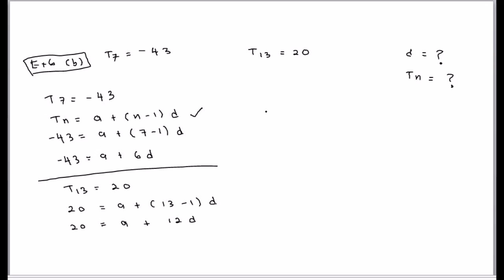Here we can use simultaneous equations. Either we use substitution or elimination method. I want to use the elimination method.